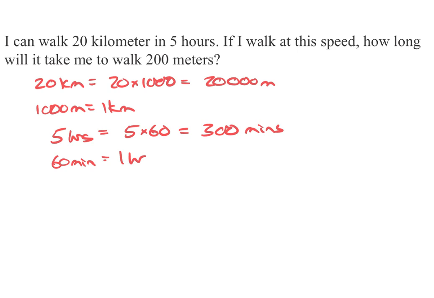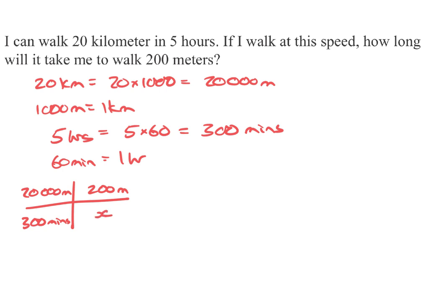Now, I'm going to put this together in a little grid, and I'm going to say that I've got 20,000 meters, and that takes me 300 minutes. I want to walk 200 meters, and I don't know how long that will take me in minutes.